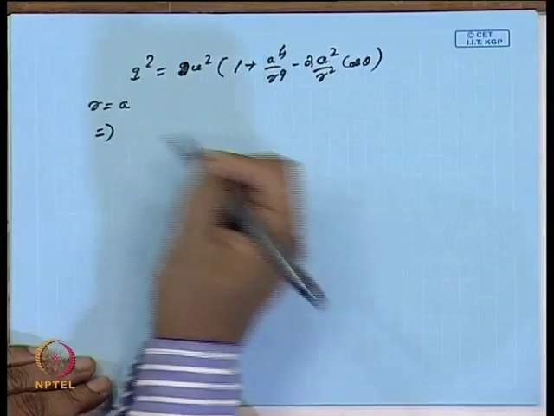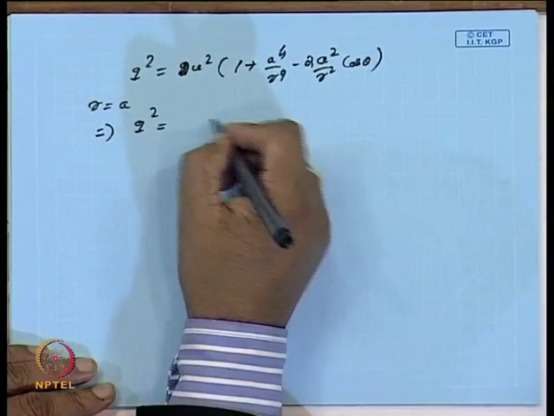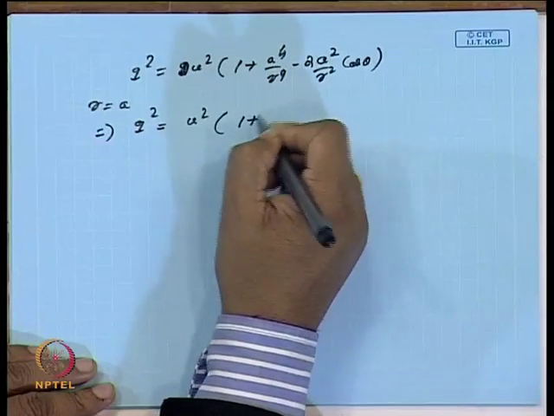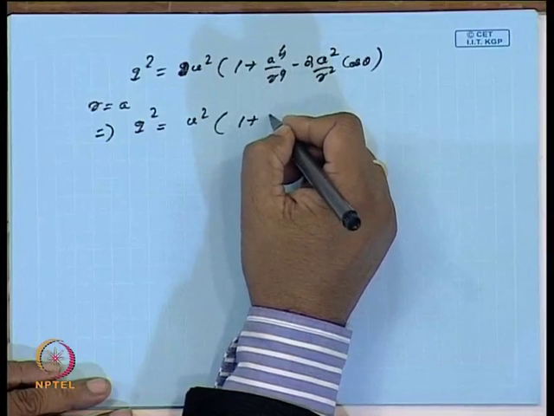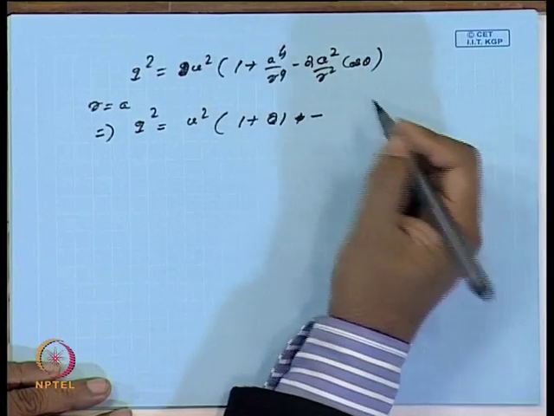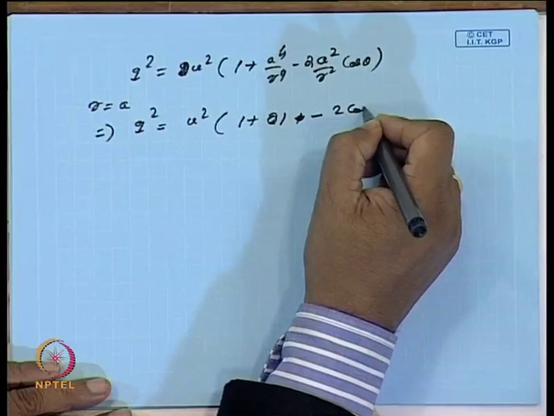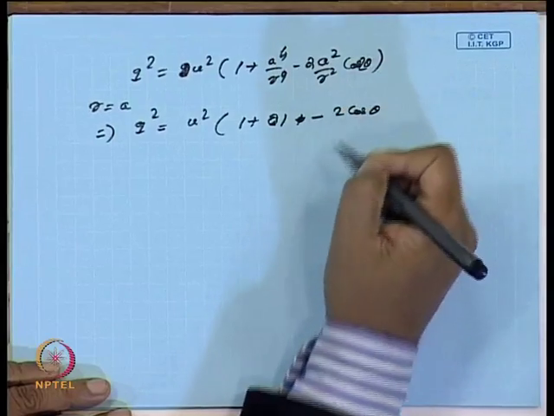If r is equal to a, that will mean my q square will be u square into 1 plus, r is equal to a, means on the surface of the cylinder, this is 2, this is again 1 plus or minus, we have 2 cos 2 theta, actually.